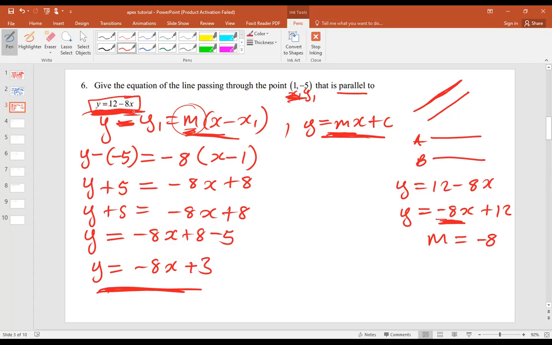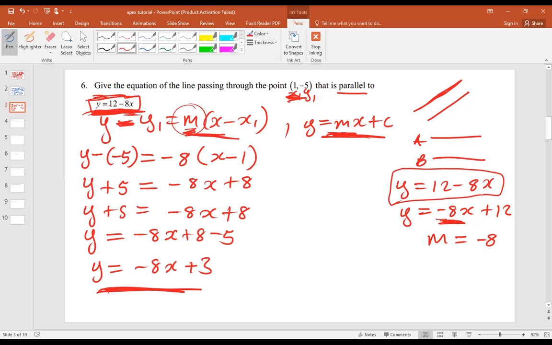Okay, so from this equation that we've been given here, we're just getting the gradient, because they are saying the line that we're supposed to find here is parallel to this line. And then we said if two lines are parallel, they have the same gradient. So from this equation, which is y is equal to 12 minus 8x, we're just getting the gradient, which is the coefficient of x.